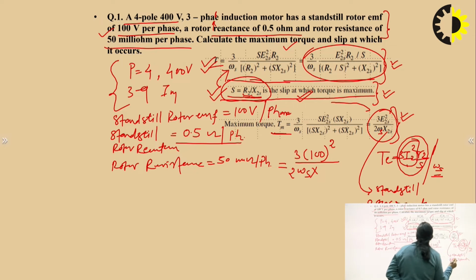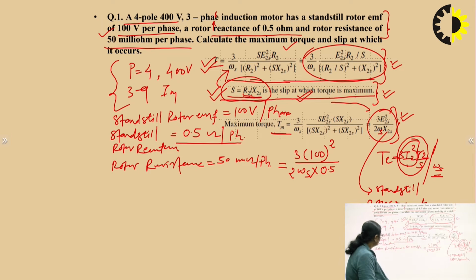This is also given to us in the question as 0.5. So substituting the value of X2S as 0.5 ohm and solving this, you will get the maximum torque developed by the motor.